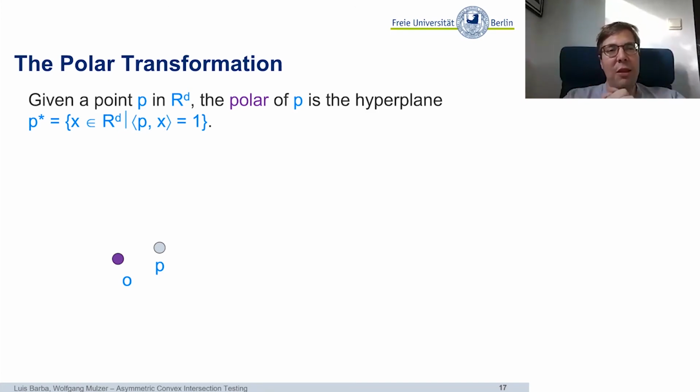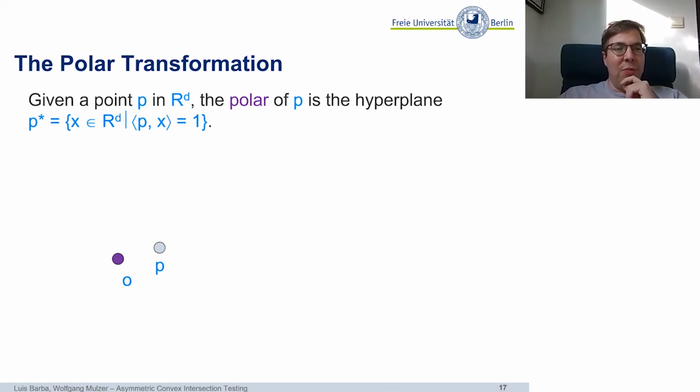And for this, of course, we use the polar transformation, which allows us to switch between points and hyperplanes or half spaces. And so let me remind you what this is. The polar transformation is a way how I can transform points to hyperplanes and hyperplanes to points.